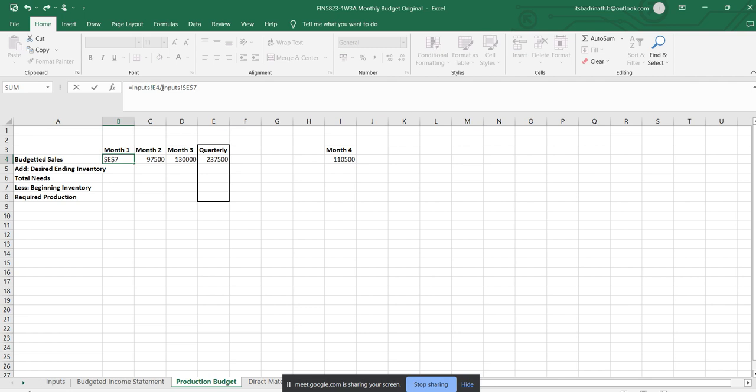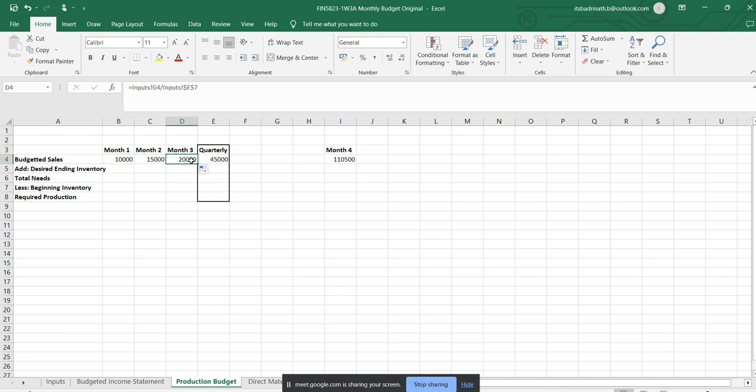Every time this E4 will be changing. In input, E4 is for month 1, E5 for month 2, E6 for month 3, and E7 for month 4. So I will just click enter, then drag it till the third month.